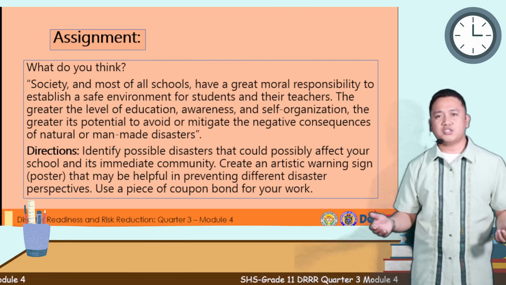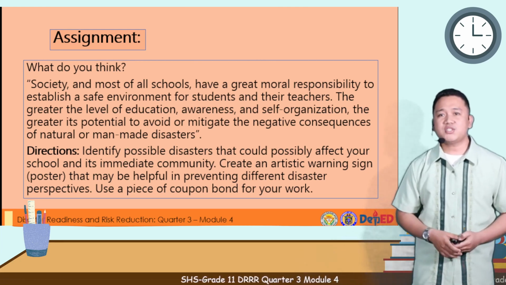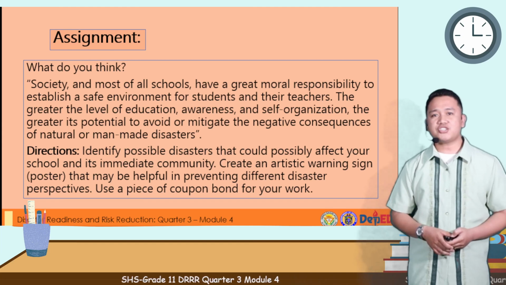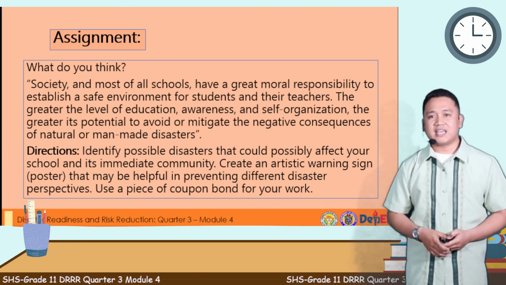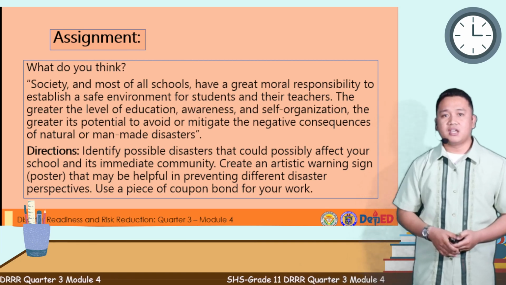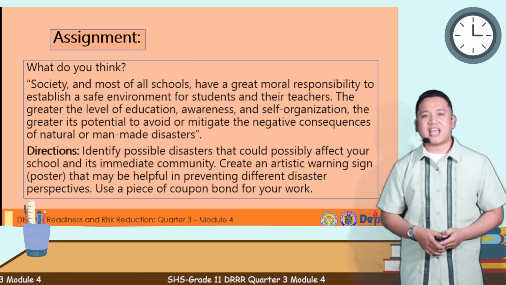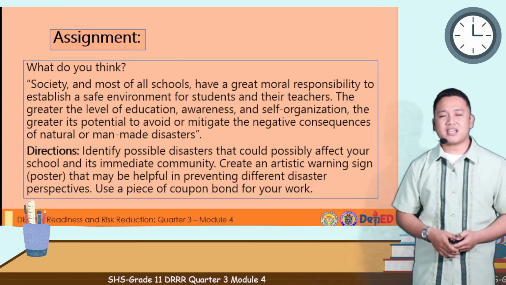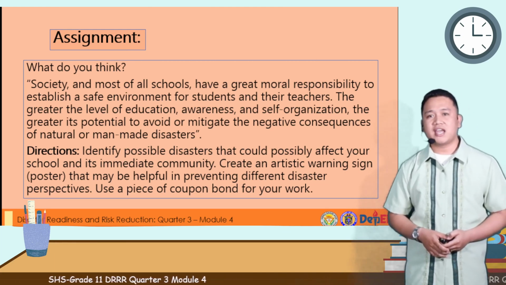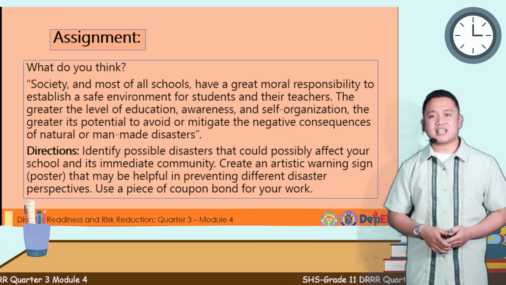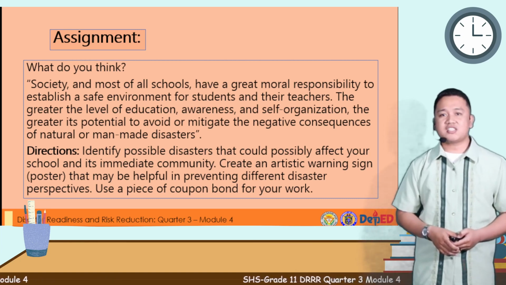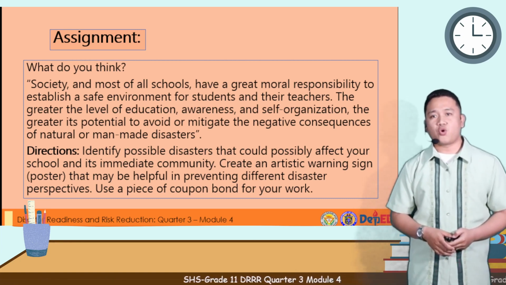So what are you going to do in this task? You are going to identify possible disasters that could possibly affect your school and its immediate community. You are going to create an artistic warning sign in the form of a poster that may be helpful in preventing different disaster perspectives. Use a piece of cotton band for your work.